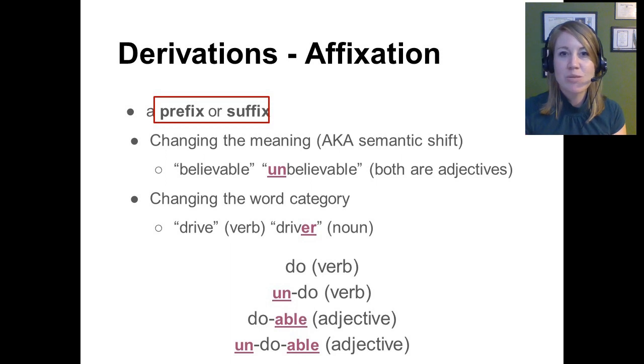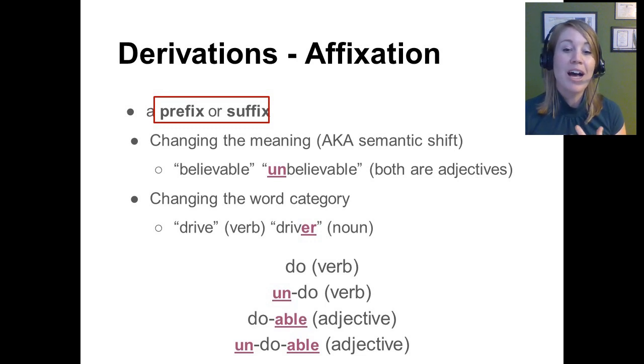We also looked at this with the verb do while we were in class before spring break. I can add un to do to create the word undo, and it's still a verb, right? You can check a dictionary if you don't believe me. Now, I can also take the word do and add -able to it. So now I've got doable, and it's changed that verb to an adjective.